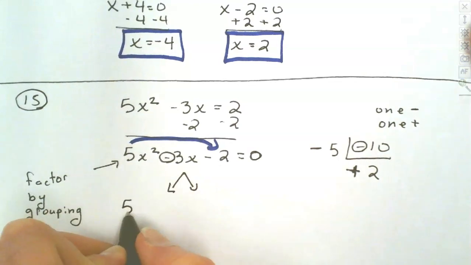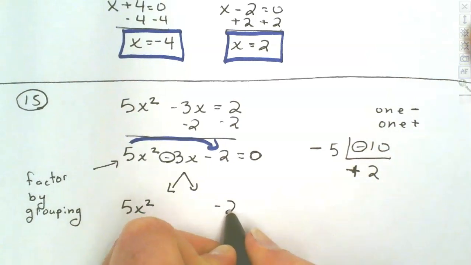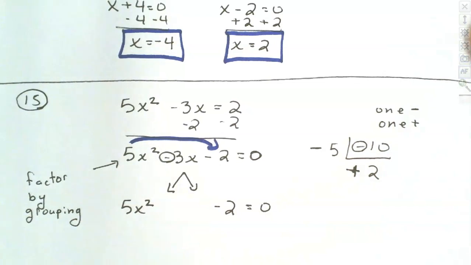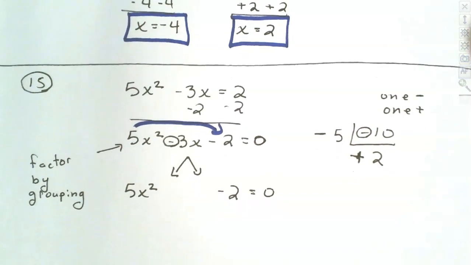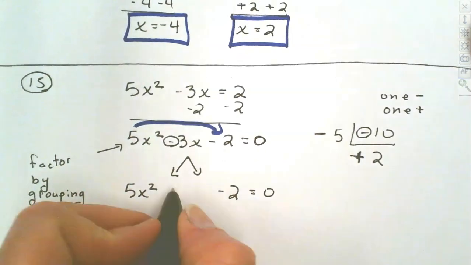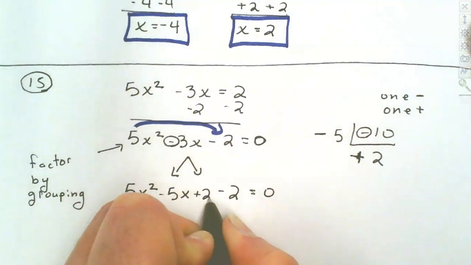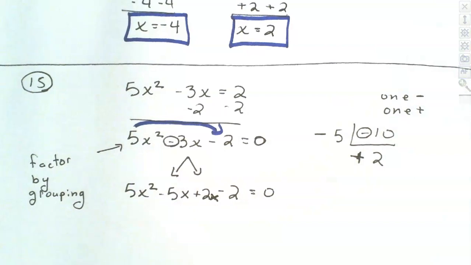So we bring down that 5x squared, and we bring down the -2 on the end. Now, what about that -3x? How can we rewrite that -3x? Well, that -3x can be rewritten as a -5x plus 2x, right?